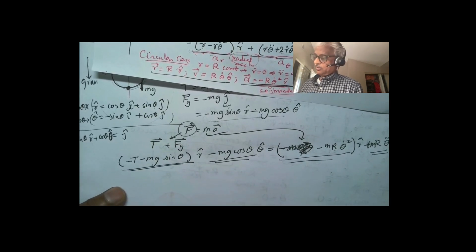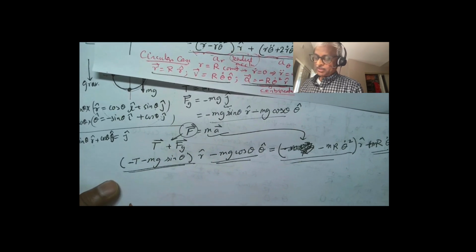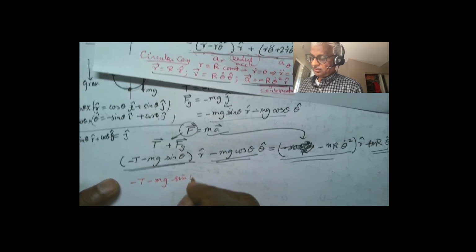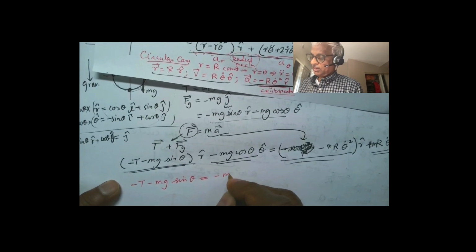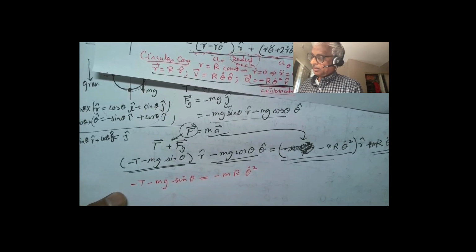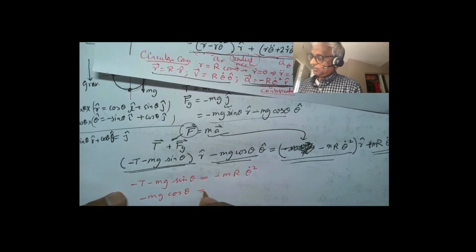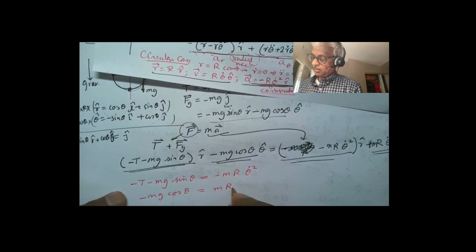So you can write down what the tension will be. So minus T minus mg sine theta equals mr theta dot square, and minus mg cosine theta will equal mr theta double dot.